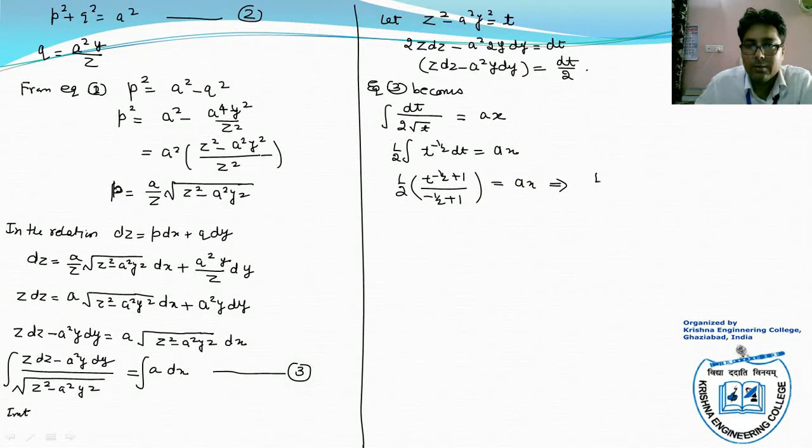That means 1 upon 2 t to the power half upon 1 by 2.